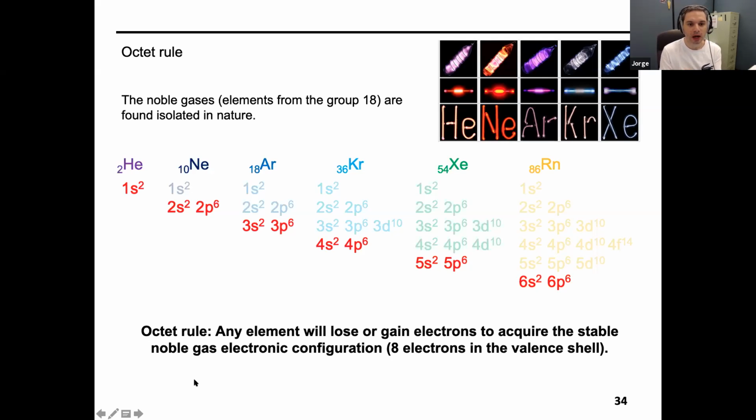So now our goal is not only to determine the electron configuration, but to predict if an element will lose or gain electrons to achieve 8 electrons in the valence shell, to obey the octet rule.